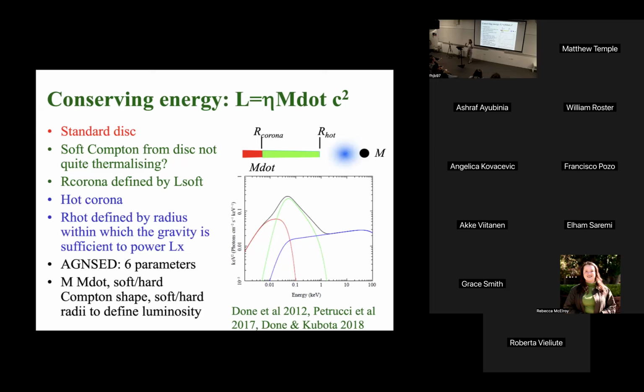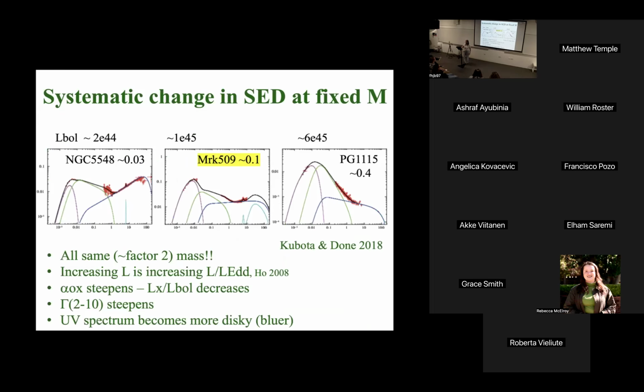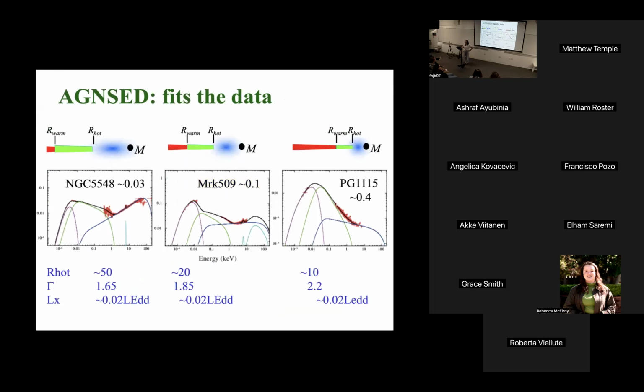So we can try and model it and use models that conserve energy. So we'll just have a constant mass accretion rate like in a disk, but allow it to be emitted in any form that it likes. So it can be black body, it can be warm Compton, it can be hot Comptonization. And when you fit it to these data, what you find is something a little interesting, which is the X-ray luminosity always comes out to be around about 2% of Eddington.